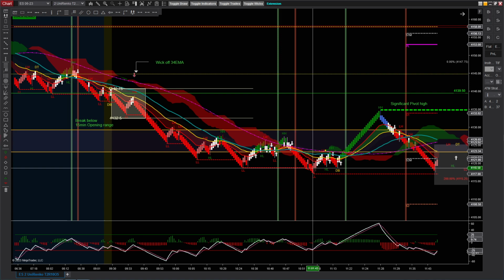Still, if you're looking for a move to the upside, you take trades that are in this area. So there's a trend reversal. You're making lower highs and lower lows, then you're making this pivot right there, and then move down again and then move up. So you have the trend reversal right there.